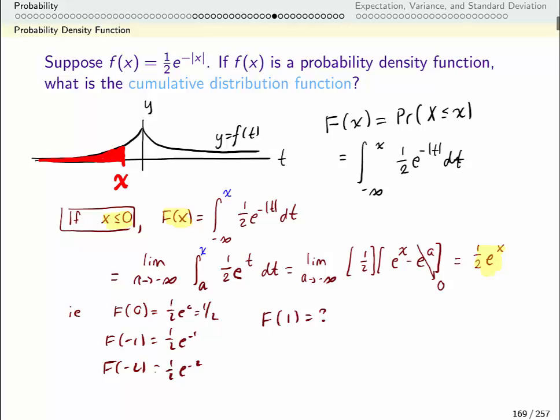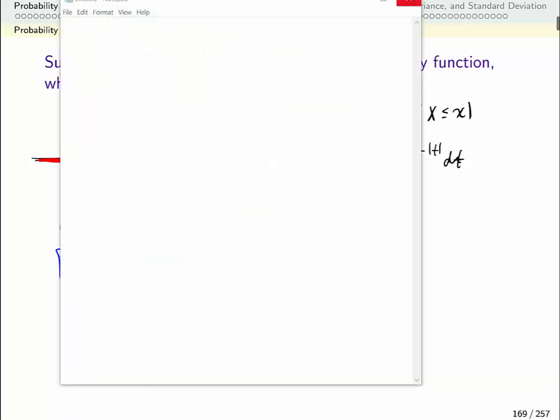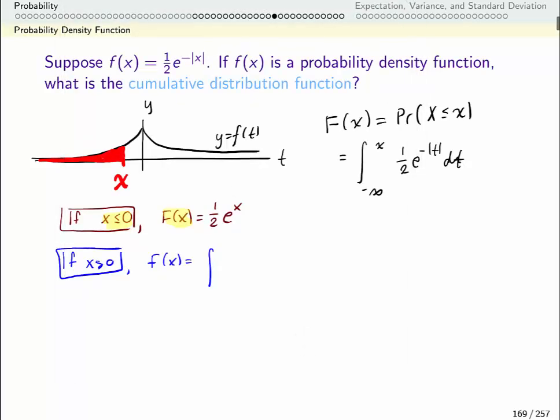Now, let's figure out what's going on for positive values of x. I still want to know the area under the curve from -infinity to x of my probability density function. But because it is piecewise defined, I have to be a little bit more careful.